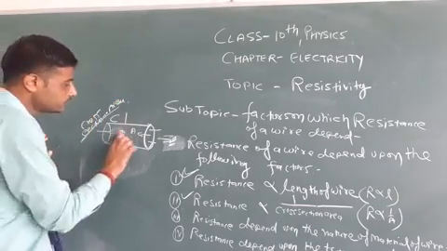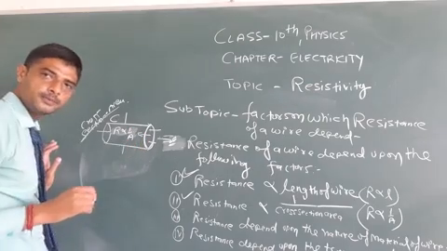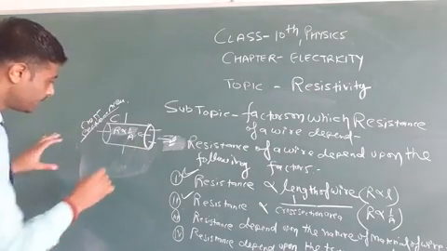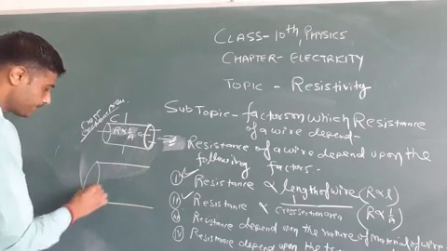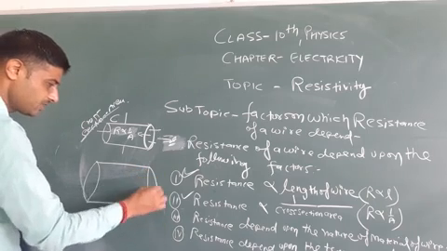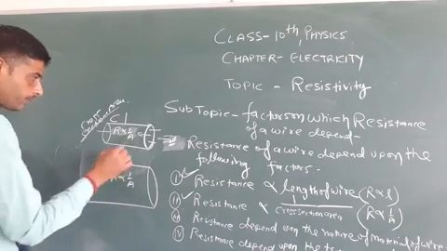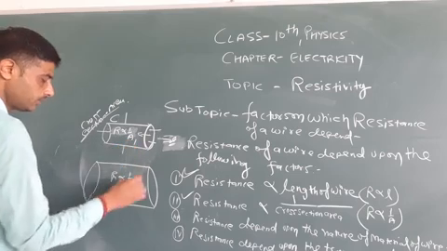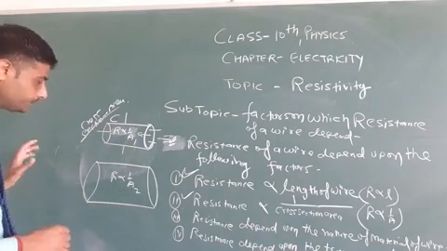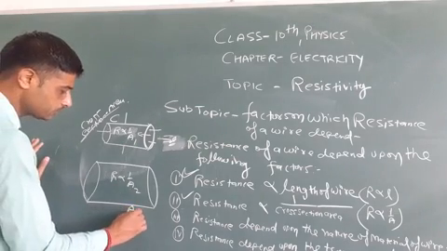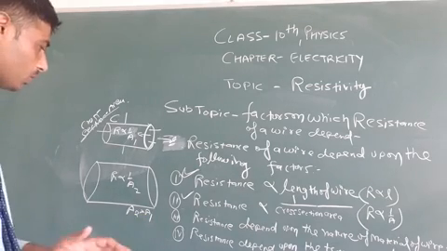So the resistance of a wire is inversely proportional to area. It means if the wider part is available, this is A1 and this is A2, and you can see A2 is more than A1.